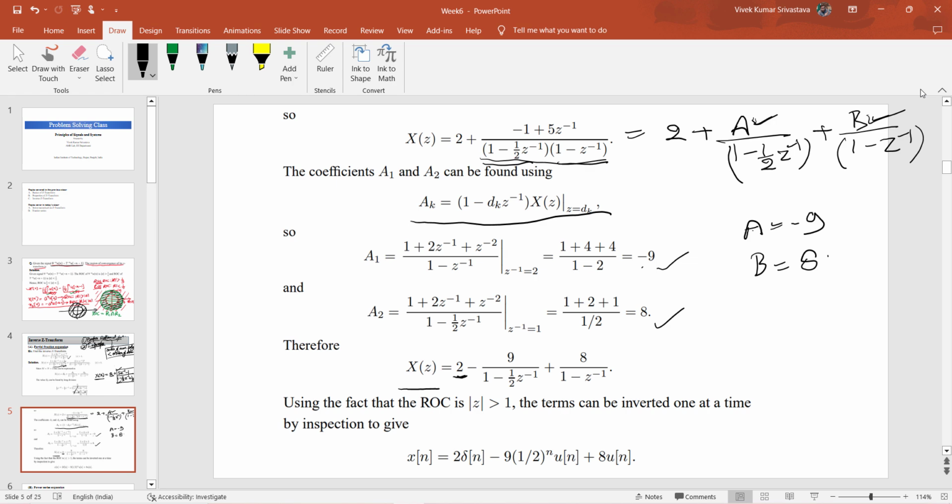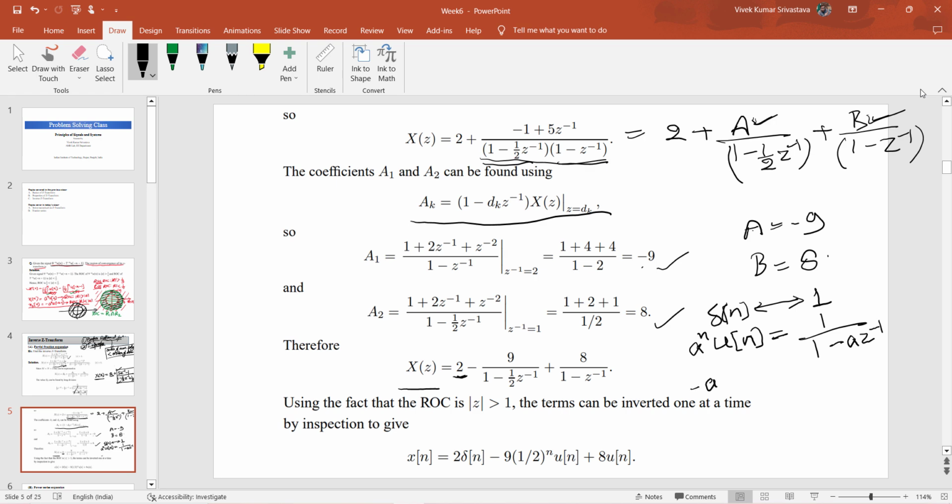For the delta function, we know that the z transform is equal to 1, whereas for the unit step function, if this is a raised to the power n u[n], the z transform will be of the form 1 over 1 minus a z raised to the power minus 1.